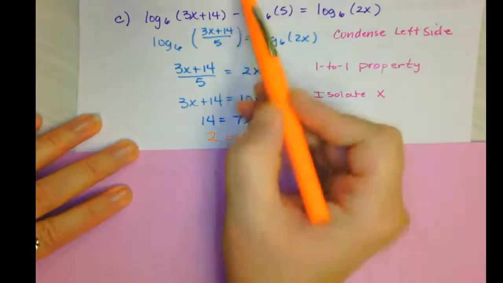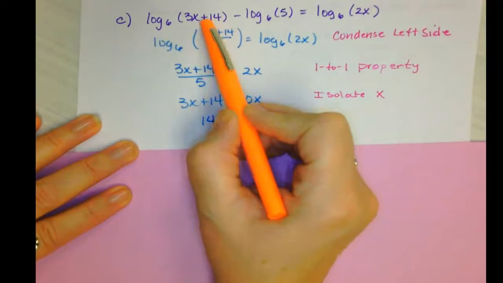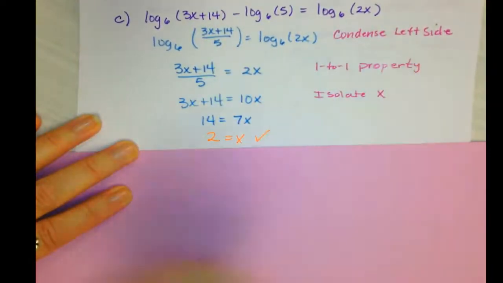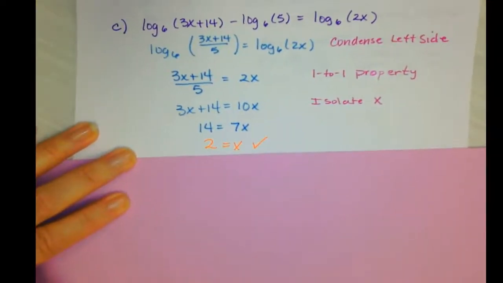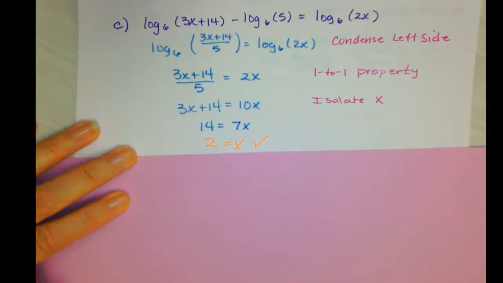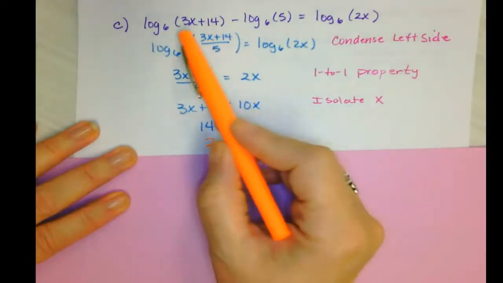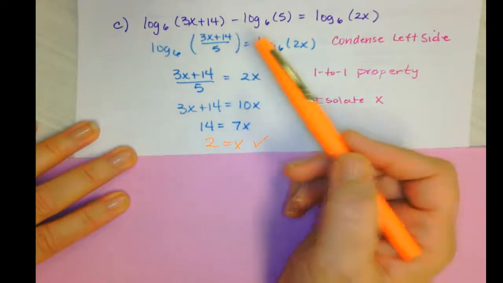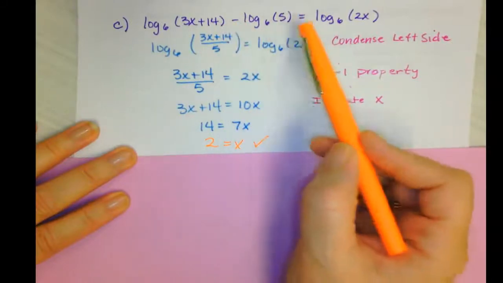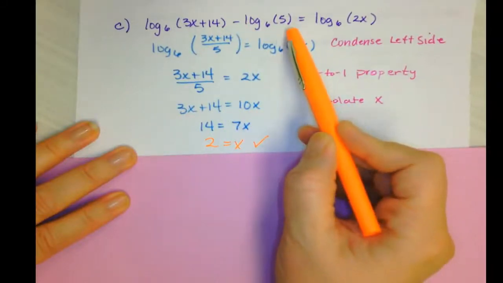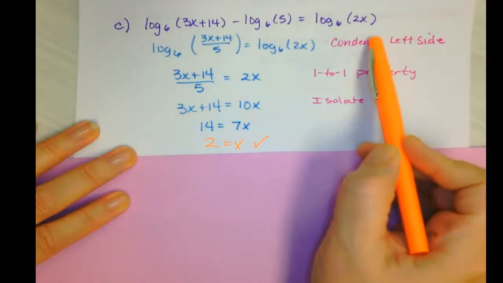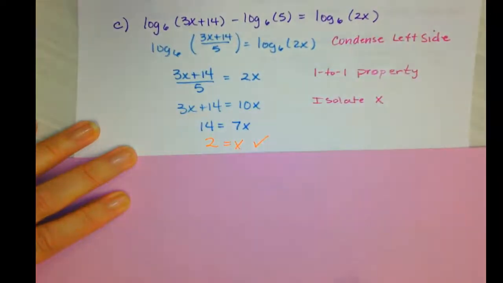When I check this, I'm checking to see that this argument and this argument make a statement that works out true. If you're using your calculator, you can just punch it in. Or we can say 3 times 2 is 6, 6 plus 14, and then if I divide that by 5, will I get 12? Oh, I'm sorry, 4, 2 times 2. So it does check out.